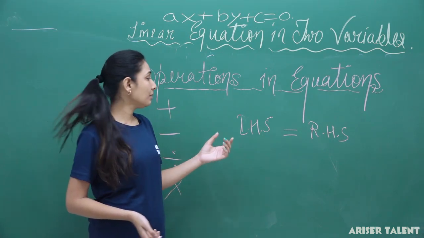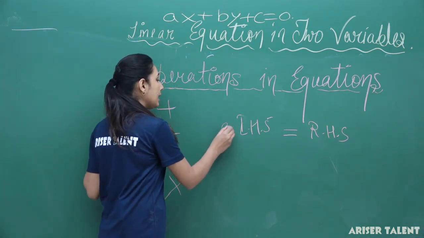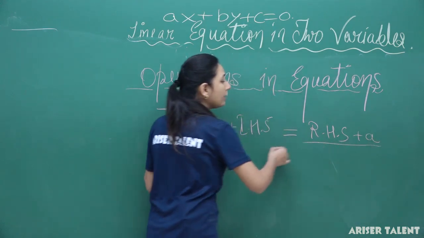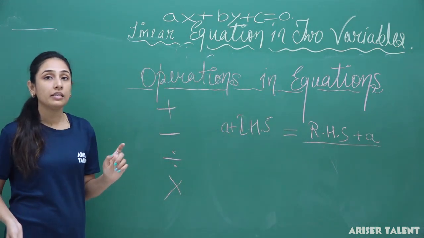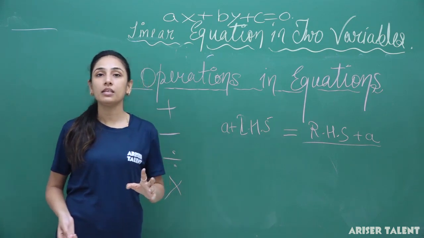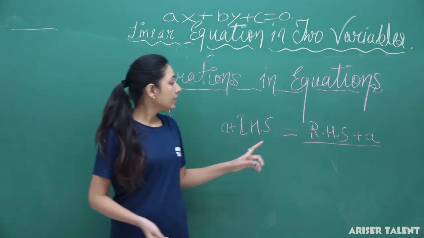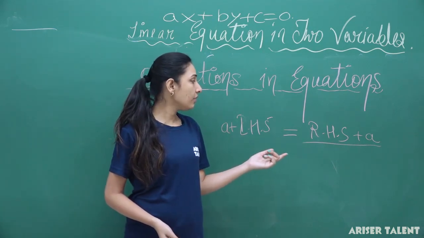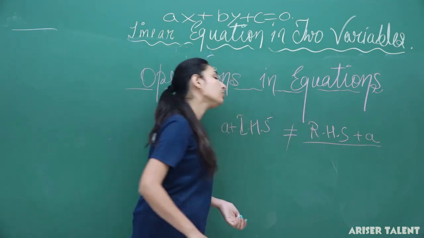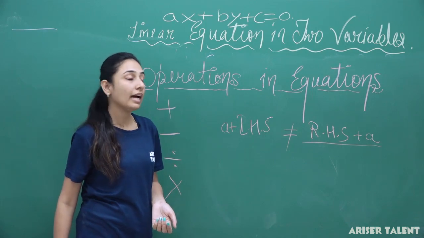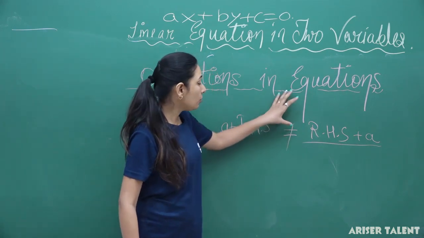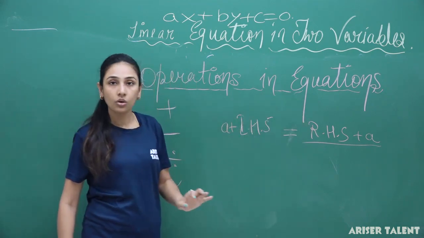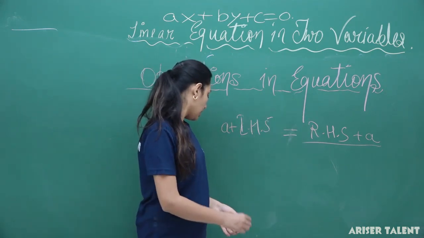So, if I am adding A to LHS, that will be A plus RHS. Now, this equation will be the same. This equal sign will not convert into not equals to. That means you can add something in an equation without disturbing it.